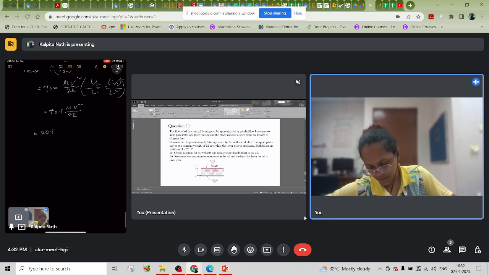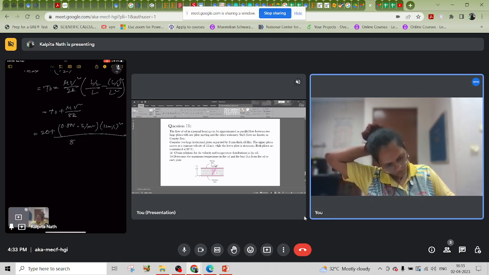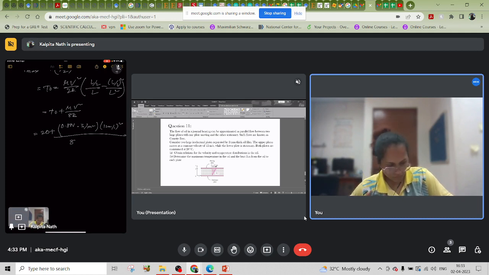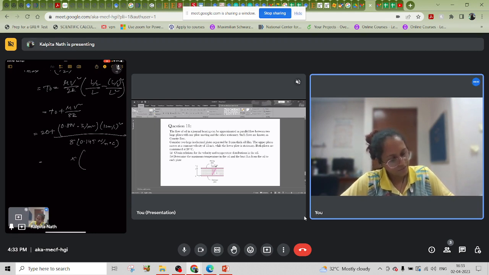This gives 20 plus 0.8 Newton second per meter square times 12 meter per second whole square divided by 8 times 0.145 watt per meter degree Celsius, times the conversion 1 watt equals 1 Newton meter per second. This gives 119 degrees Celsius.